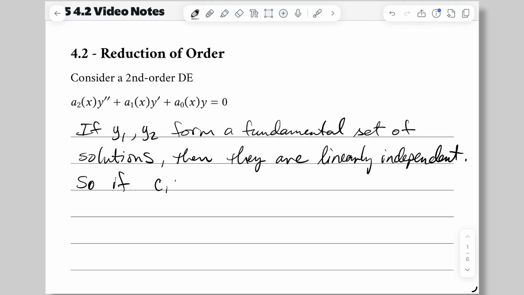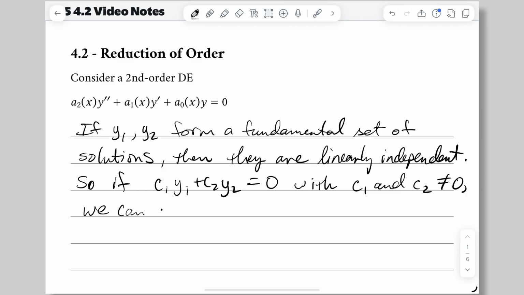So if we have c1y1 plus c2y2 is equal to 0, and we make the assumption that c1 and c2 are not 0, we can write y2 is equal to negative c1 over c2 y1. And you may say, well, that's going to contradict linear independence.